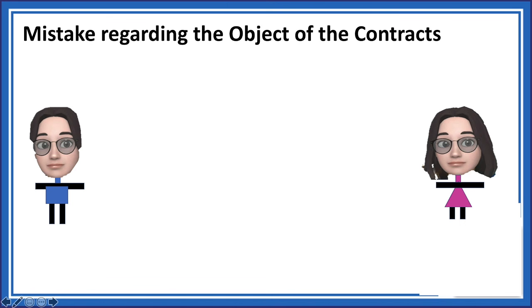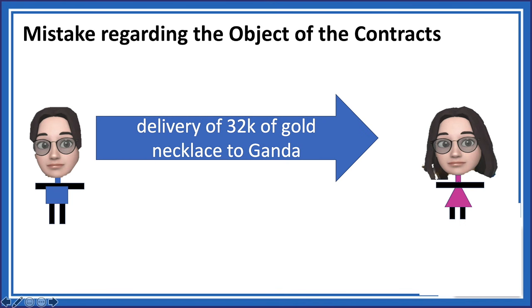Okay? Here. For example, Pogi and Ganda enter into a contract. Their contract is for Pogi to deliver a 32 karat gold necklace to Ganda.